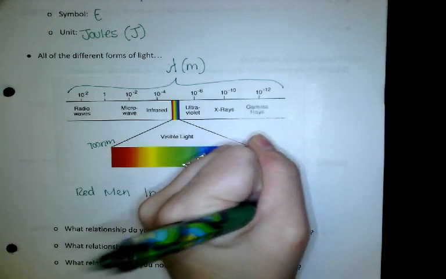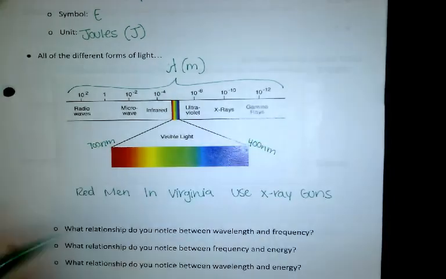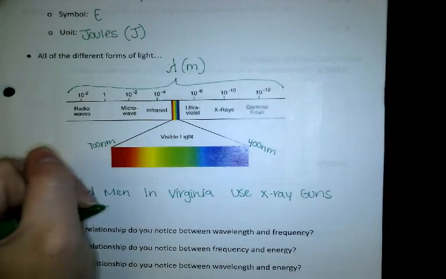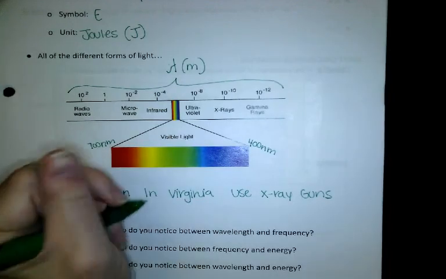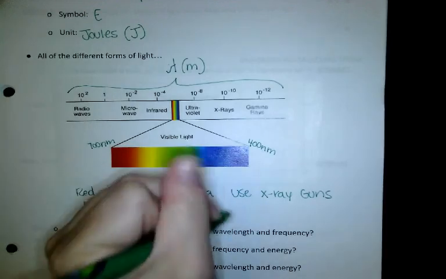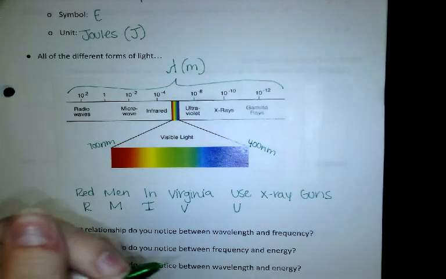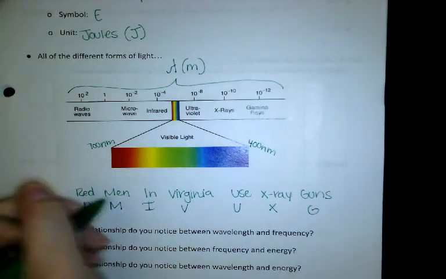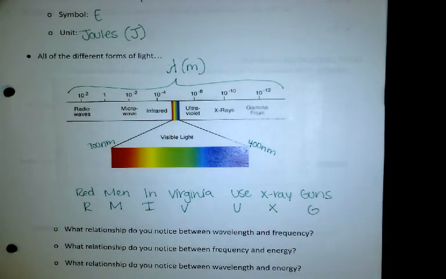That means we have radio waves, then microwaves, then infrared, then visible light, then ultraviolet light, then X-rays, and then gamma radiation. So, Red Men in Virginia Use X-ray Guns. This is a good way to remember it in order.